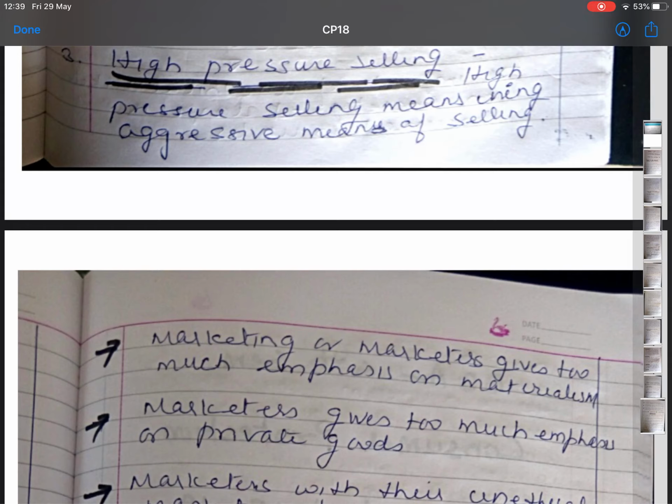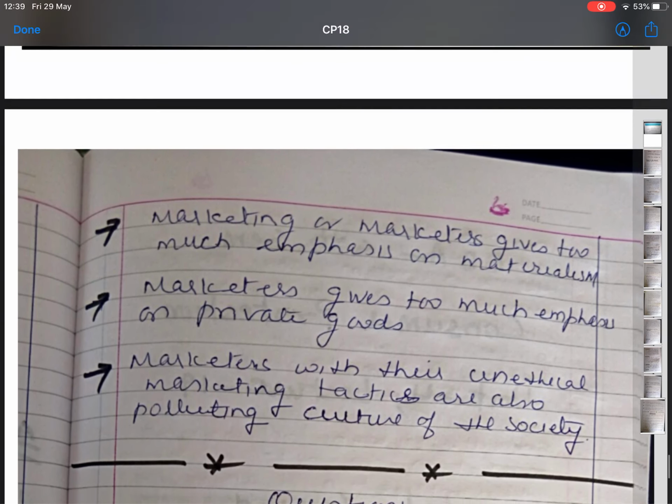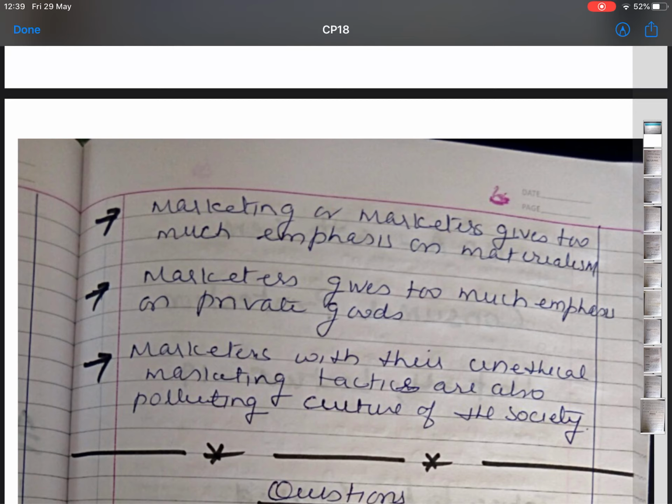The second is too much emphasis on private goods. Marketers give too much emphasis on private goods. Then marketers are also charged with fueling cultural pollution.